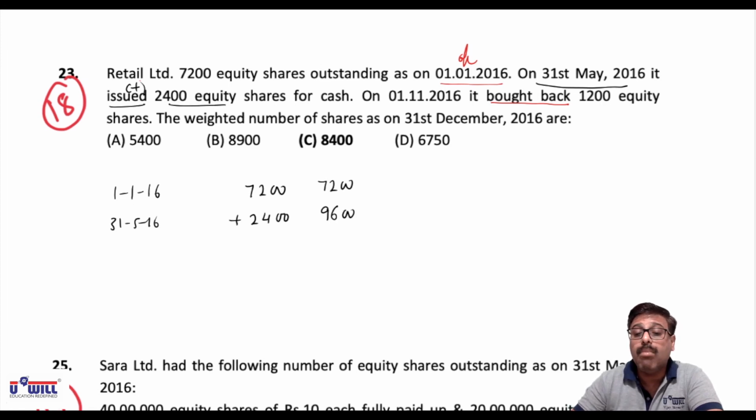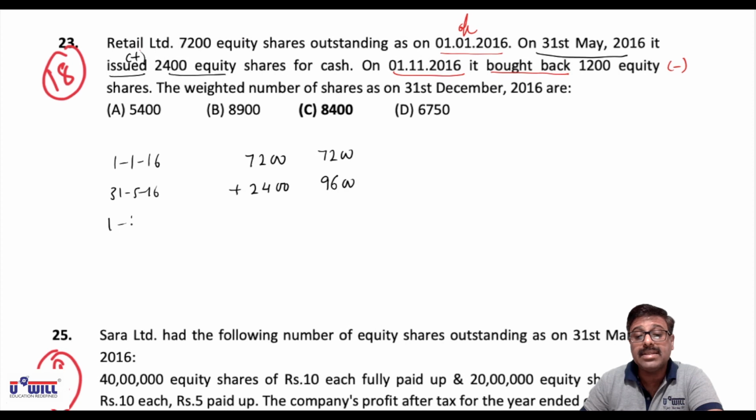Then it bought back on 1/11/16, it bought back 1,200 equity shares. We will minus 1,200 bought back equity shares. So 9,600 minus 1,200, 8,400. Now we are asked weights. So what we'll be doing is, understand it.